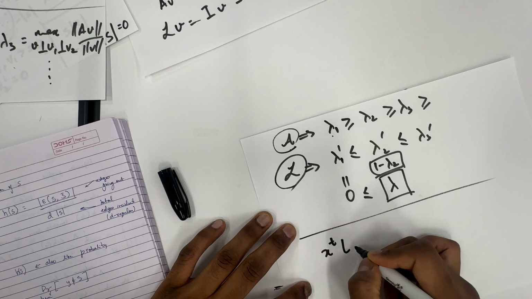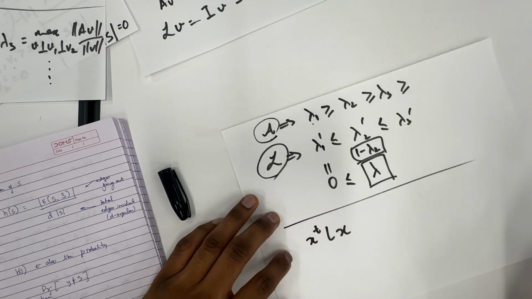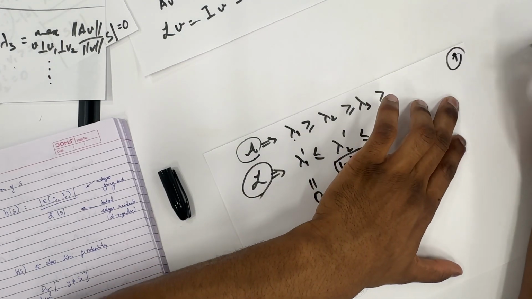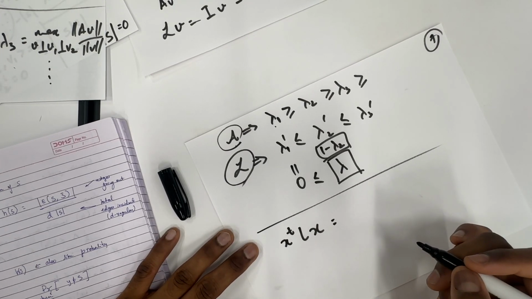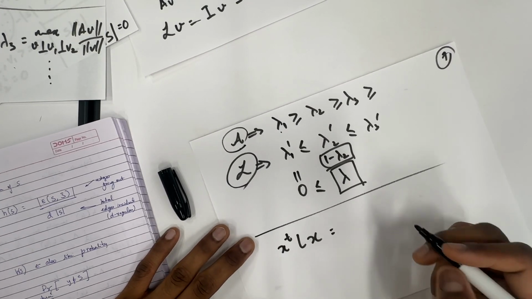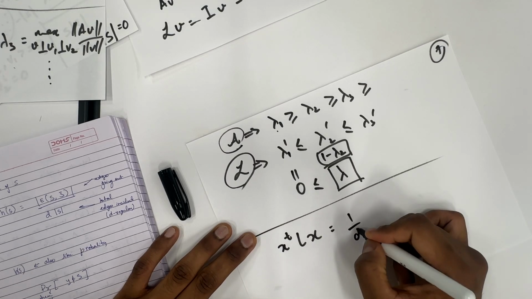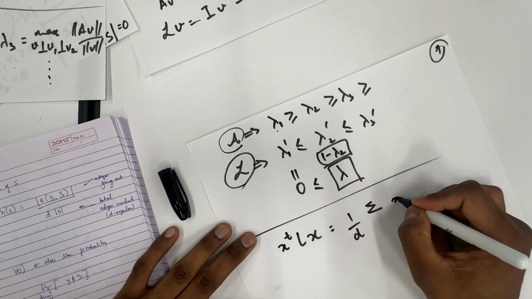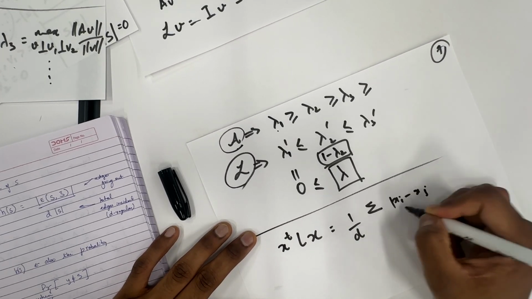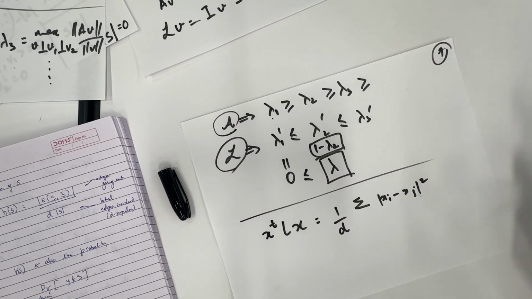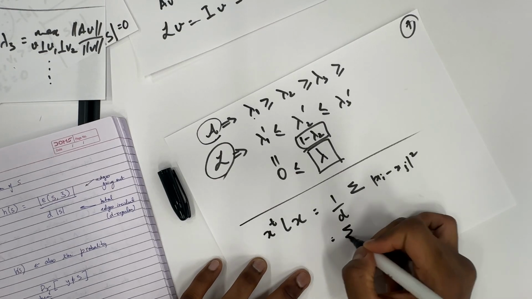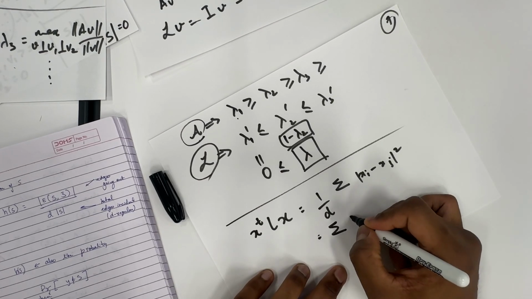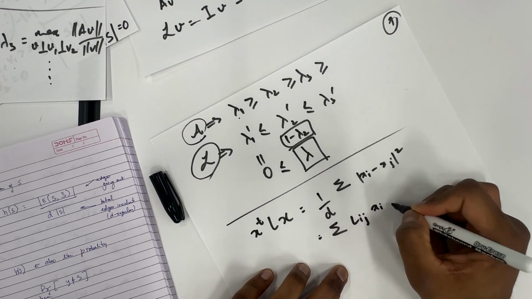X transpose Lx. I'm just taking tangents here and there, but all of it, trust me, ties together. This is equal to 1 over d times the sum of (xi minus xj) squared. Let's see why. Well, this is just the sum over Lij xi xj.